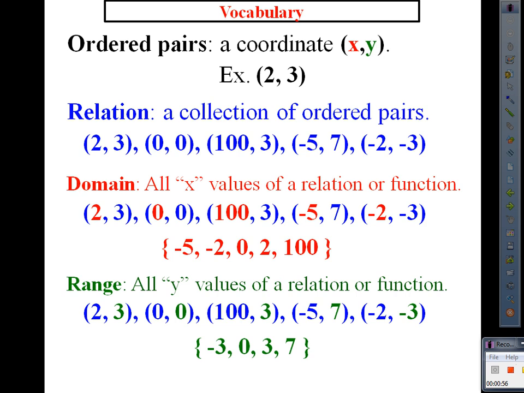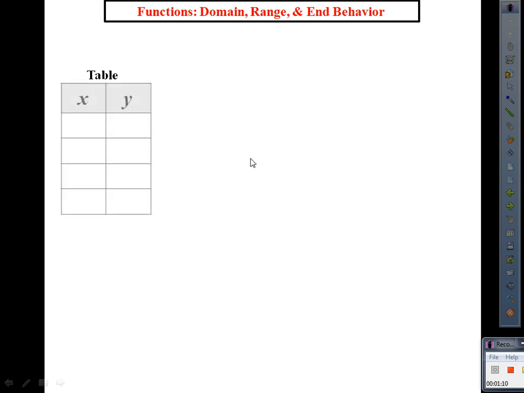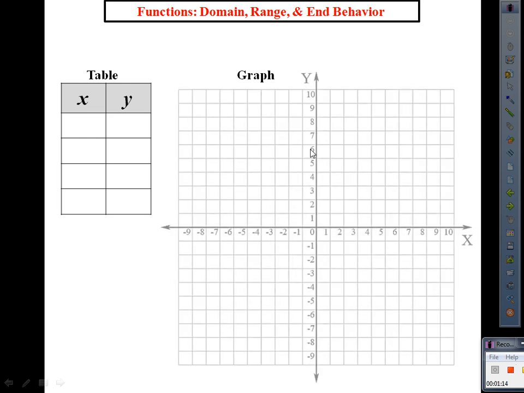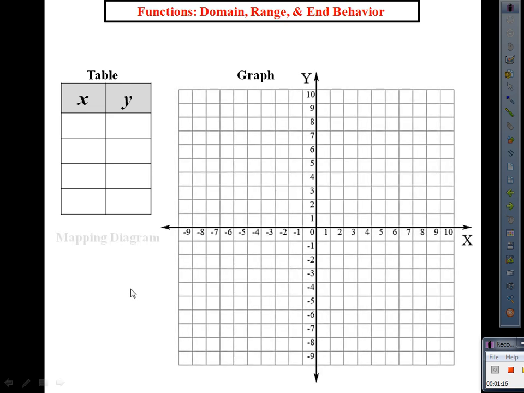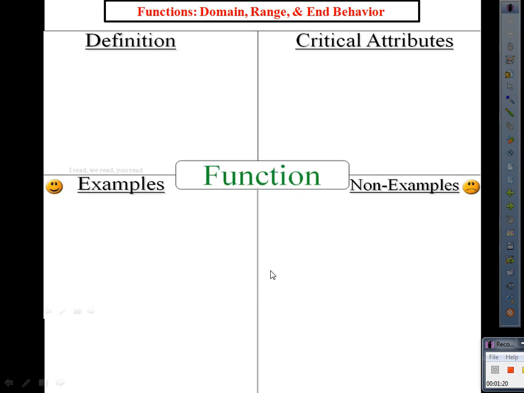I also showed you how to represent the range using a table. Then I graphed that data into a graph, and at the end I showed you using matching diagrams.